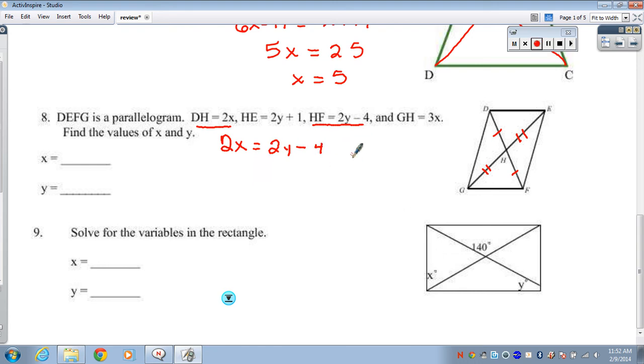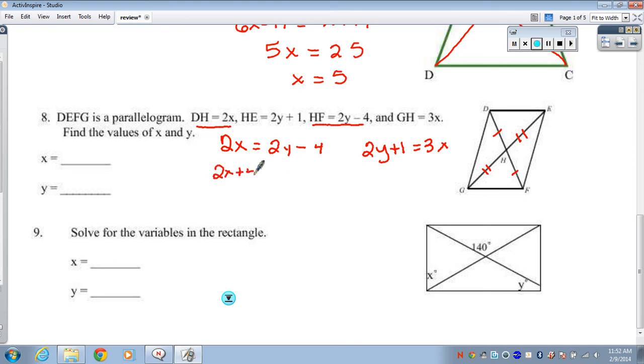And we know the other two are also equal, GH and HE. So we also have 2y plus 1 equals 3x. I, personally, am going to solve for this x right here, but I could have solved for this y right here. Actually, I'll solve for y.